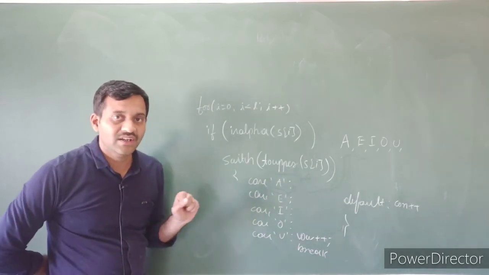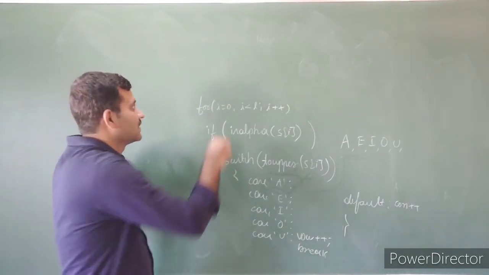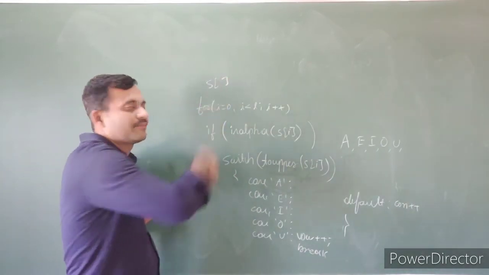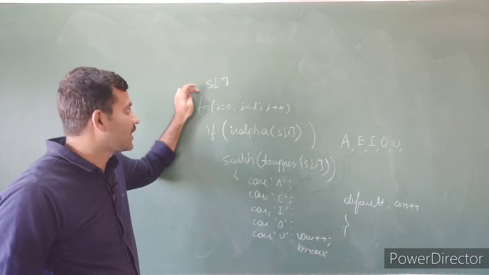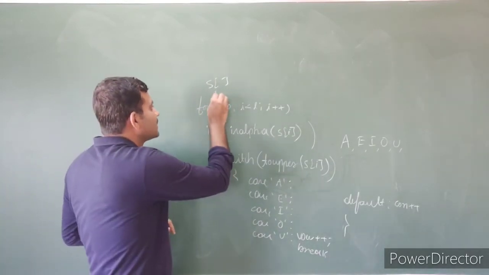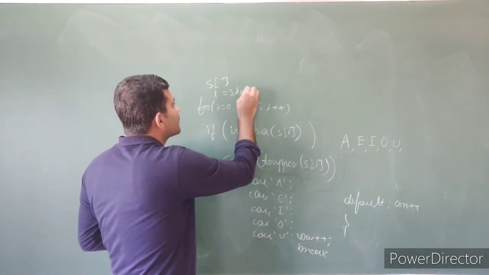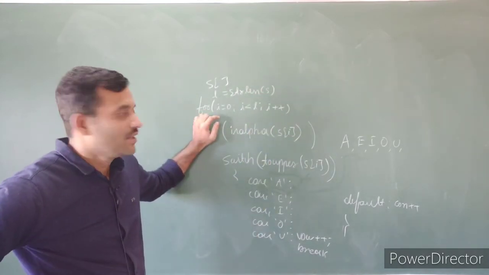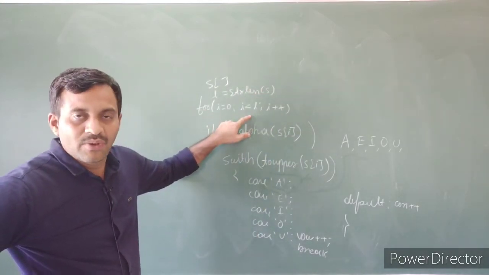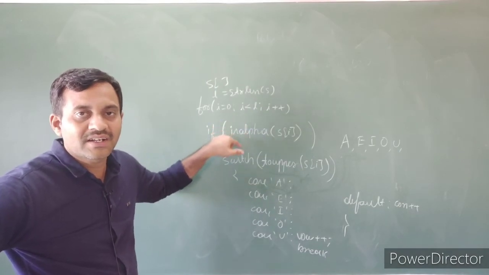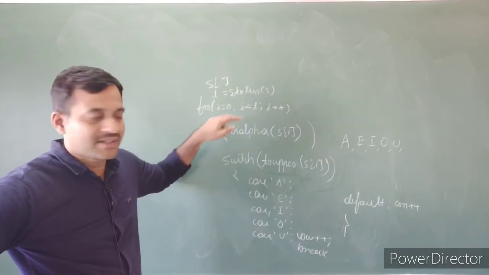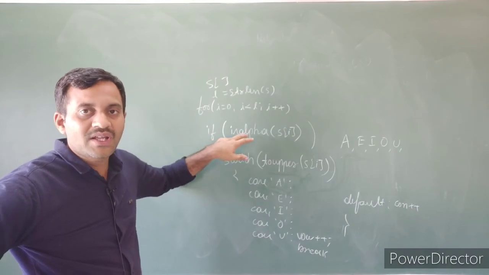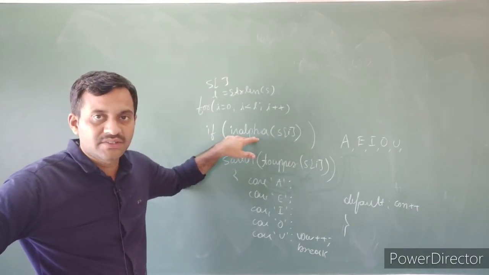What is the procedure here? First, we read the string S. After reading the string, we find the length: L equals strlen of S. Then we access each character of the given string, and verify whether it is an alphabet.